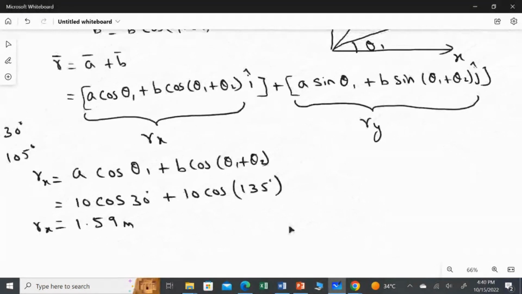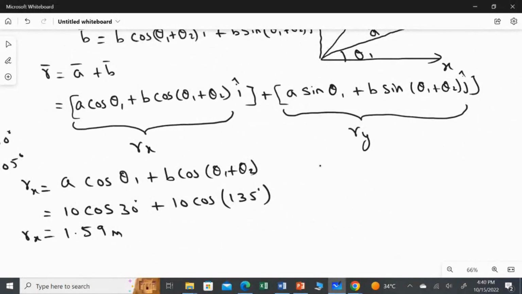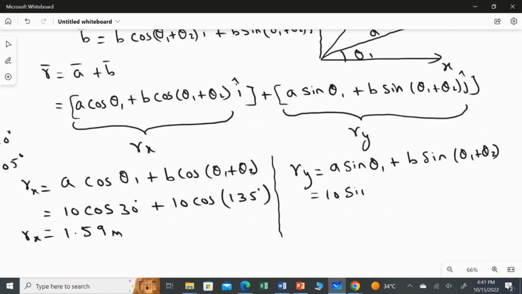Likewise, I have to find the value of Ry. Ry is equal to A sine theta 1 plus B sine of (theta 1 plus theta 2). Substitute the values: 10 sine of 30 degrees plus 10 sine of 135 degrees.